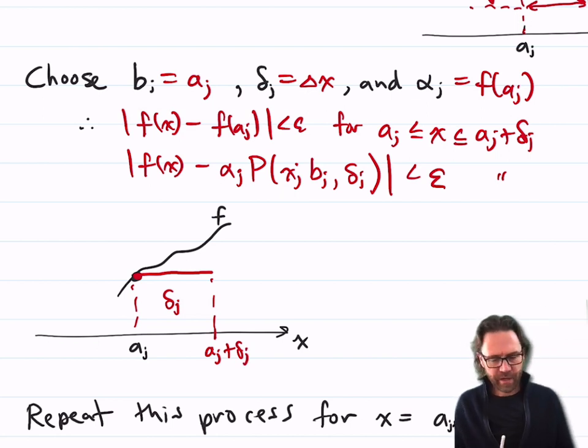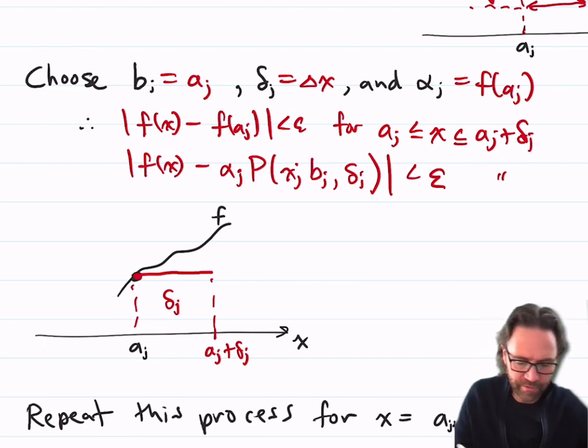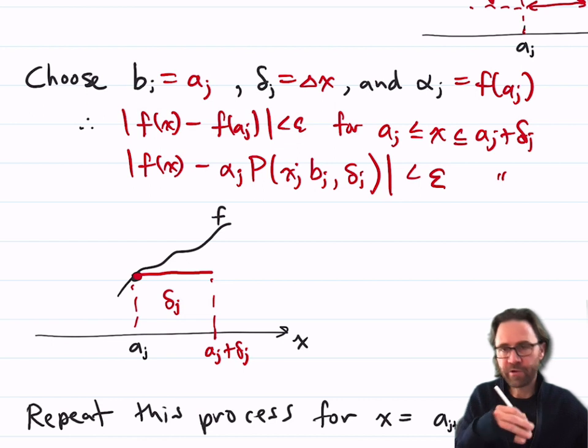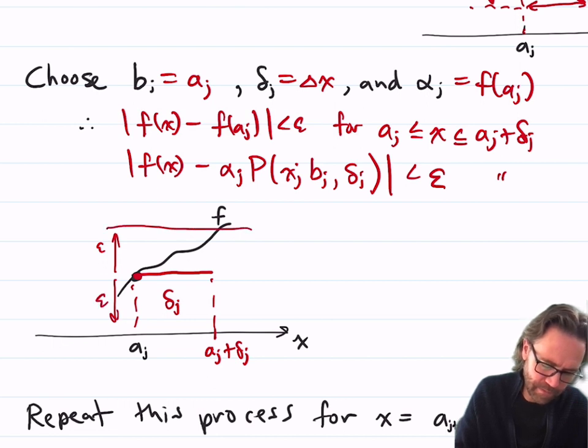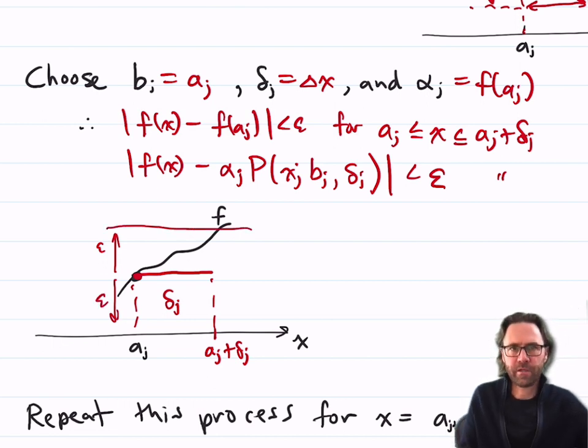And since I already chose that delta_j to guarantee that I don't wander more than epsilon away, I'm fine. Epsilon up, epsilon down. The way I drew it is kind of close.